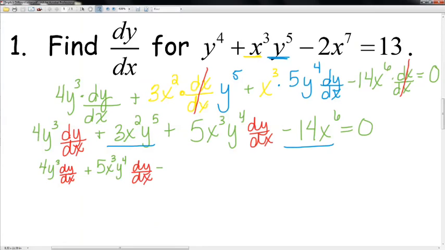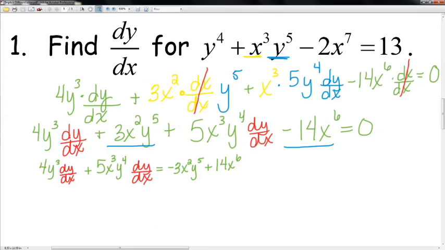And that's going to be equal to, and we're just going to write the opposite sign. So instead of writing positive 3x squared y to the fifth, we're going to write negative 3x squared y to the fifth. And instead of writing negative 14x to the sixth, we're going to write positive 14x to the sixth.